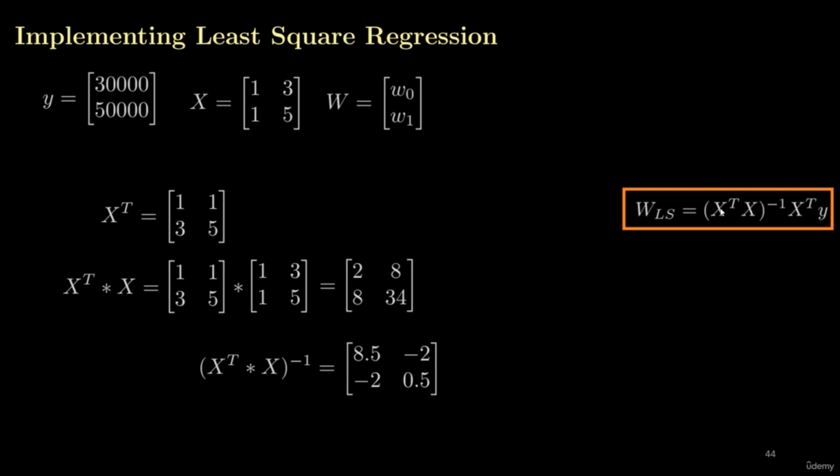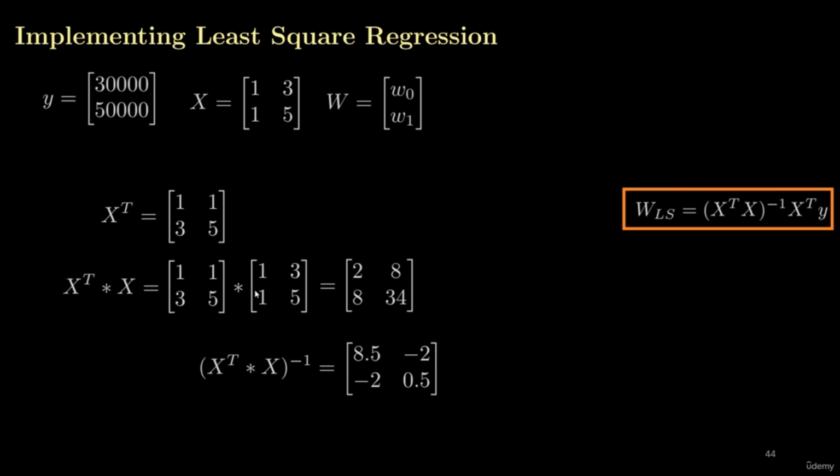Now the next step is to multiply X transpose with X. So this is my X transpose matrix and this is my X. So the size is 2 by 2. Therefore, we can easily multiply both these two matrices. When we multiply X transpose times X, we will get this matrix. Basically, this one will multiply by this one.